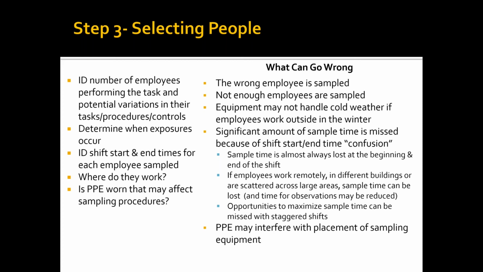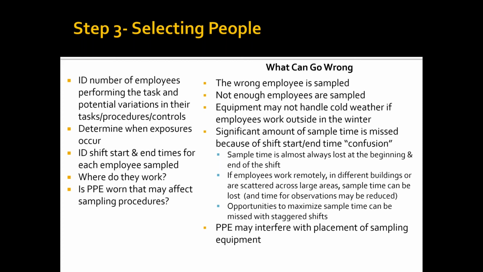You want to find out when the exposures occur. And this is probably one of my most frustrating things in industrial hygiene: you ask a simple question, what is the shift start and end time for each of the employees that you're sampling? And in this day and age, that seems like a simple question, but it's really not. A lot of people have staggered shift starts, especially in COVID times.